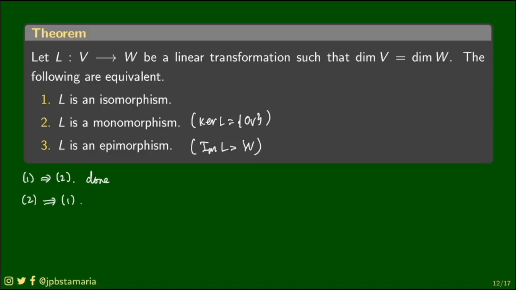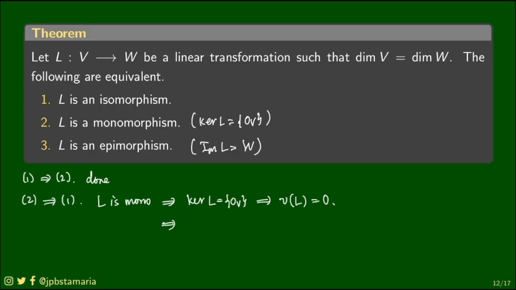The trick is to use the rank nullity theorem. So if L is mono, that means the kernel only has the zero vector in it, therefore the nullity of L is 0. Why would it be an isomorphism? Because it is also onto.